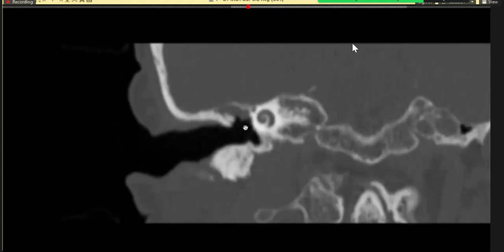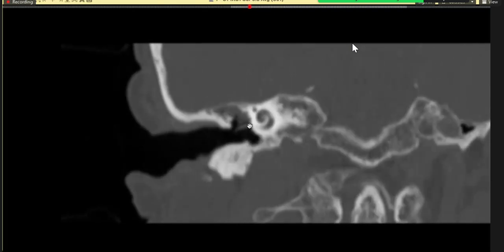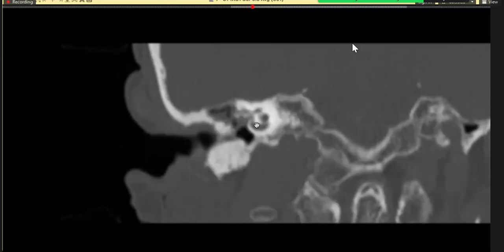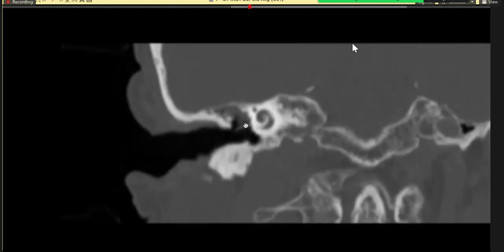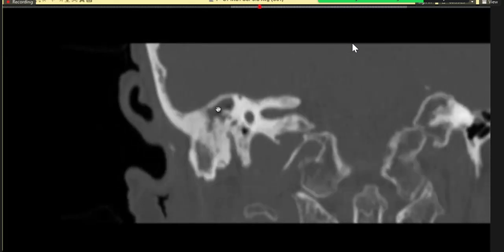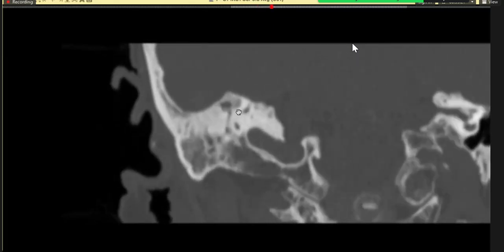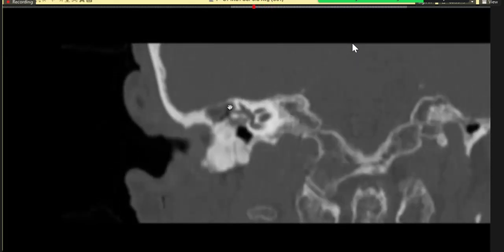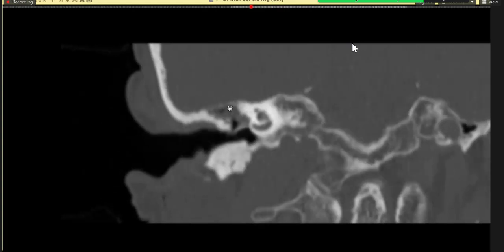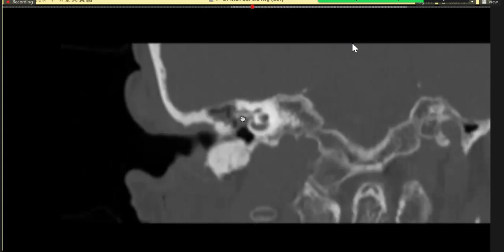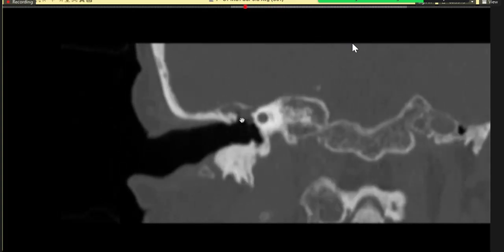It is not sitting there. The main epicenter is sitting here medially, and then is it causing tegmen tympani dehiscence? So we go up and down, and maybe here it is very thin, so we can raise that issue.